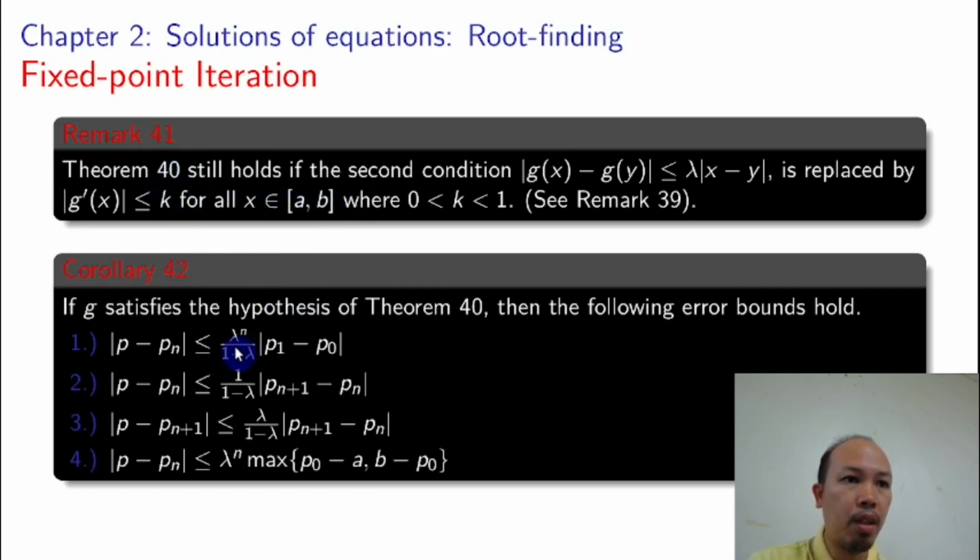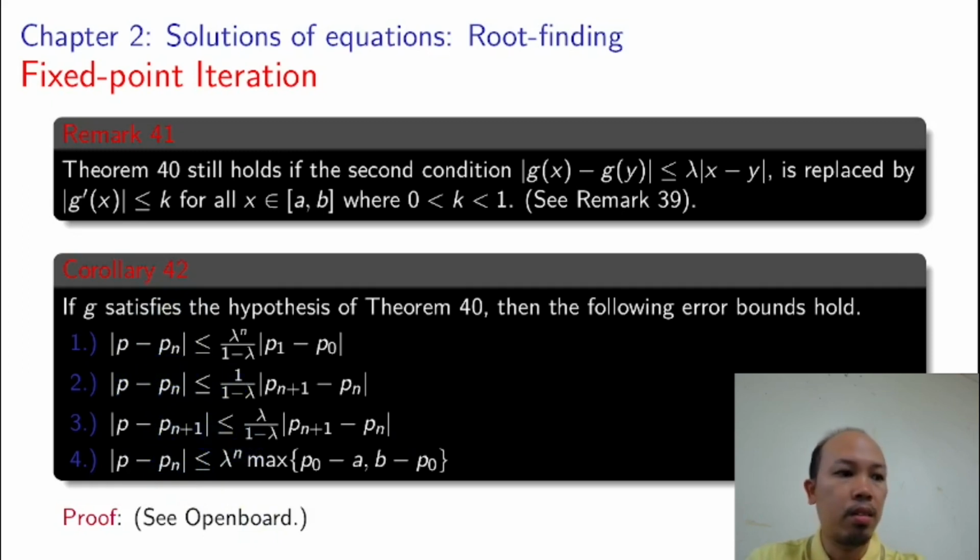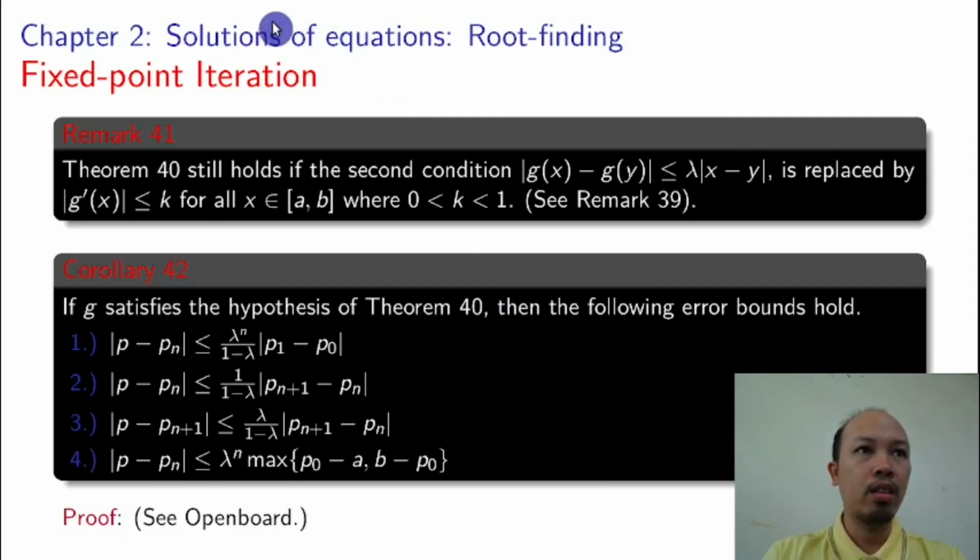As I've said before, I'm going to prove corollary 42, maybe one of these. So in the next lecture, I'm going to prove corollary 42. So let me see if I can prove one of these. Okay, this is the proof of corollary 42, number 1.